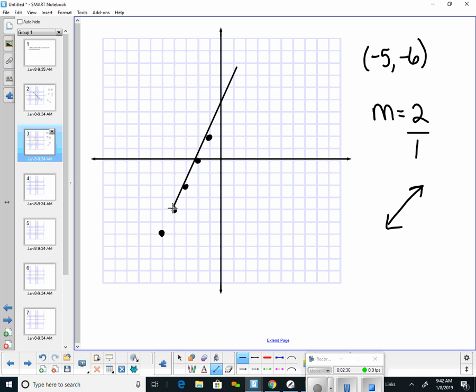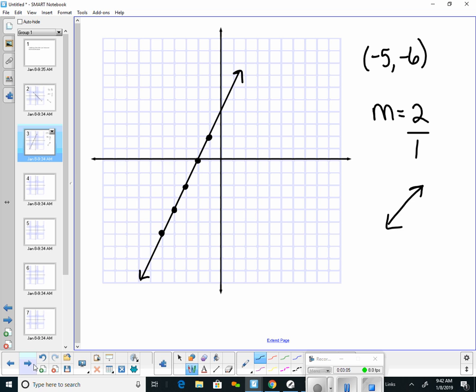The more points you have, the better your line is going to be. So I'm just straightening mine up a little bit. You can use a straight edge and do that, and it will be just fine.